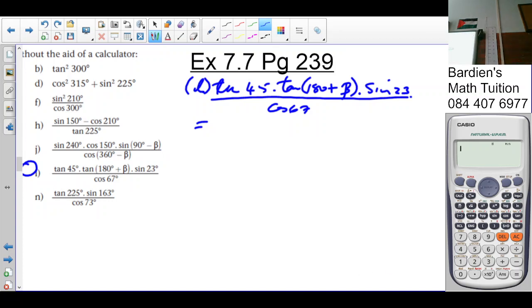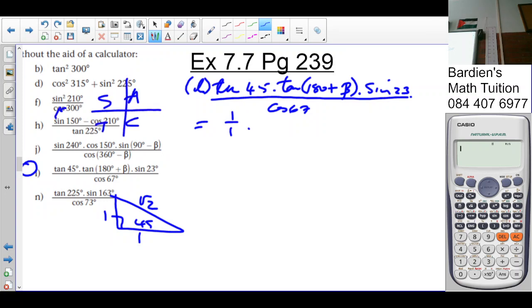So tan of 45 is 1, 1, root 2. So that will be 1 over 1 times 180 plus beta. Which quadrant is that in? Third quadrant. Tan is positive. Tan beta.